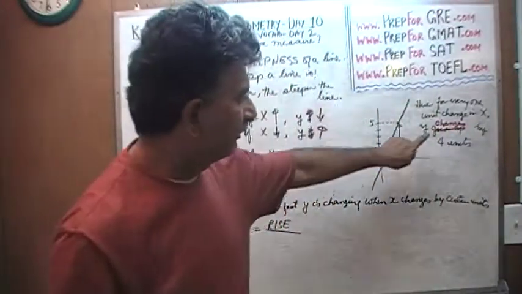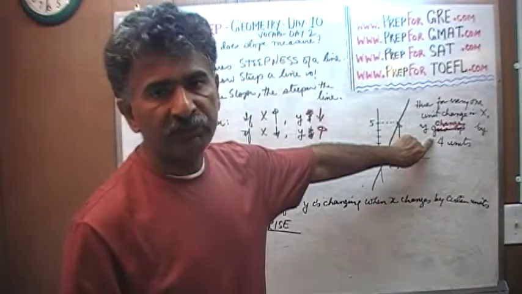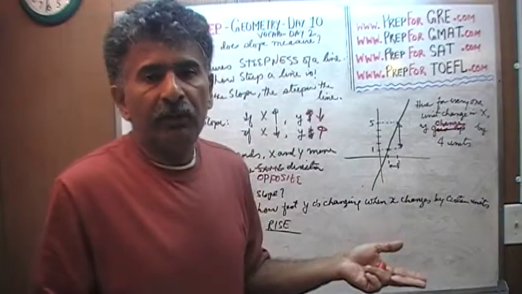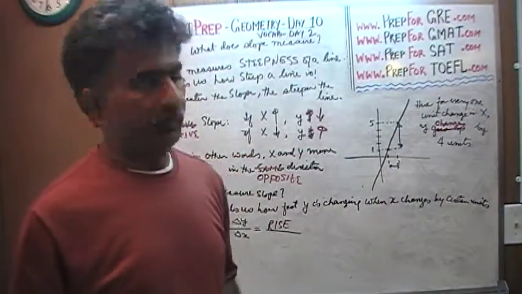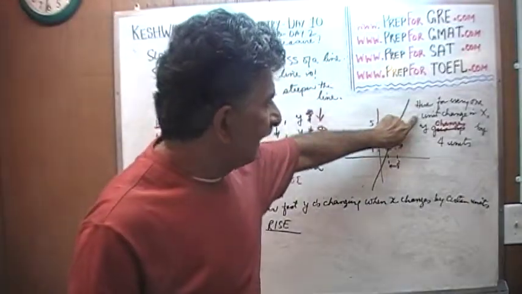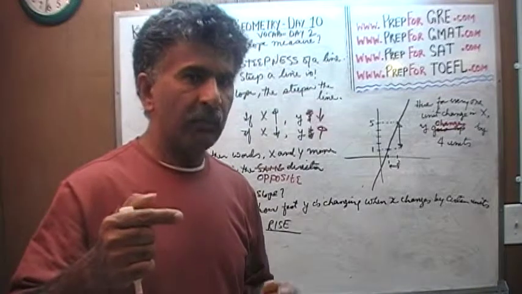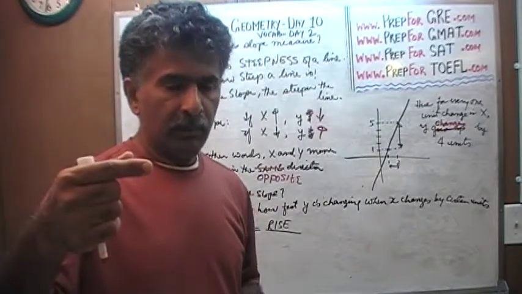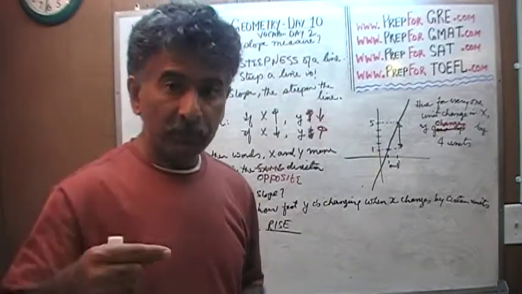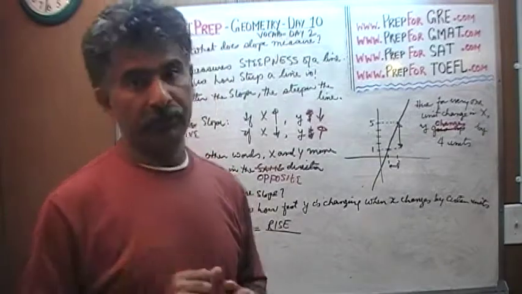Why "changes"? Because it applies equally well to when it goes down. For every 1 unit change in x, y changes by 4 units. In other words, if x goes up by 1 unit, y will go up by 4 units. If x goes down by 1 unit, y will go down by 4 units.